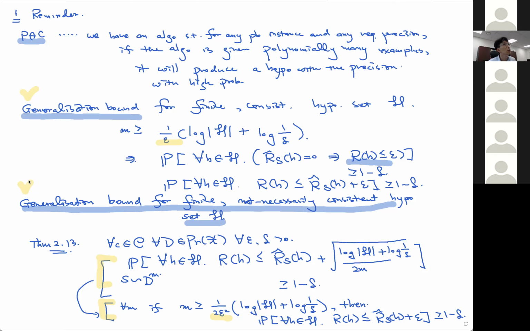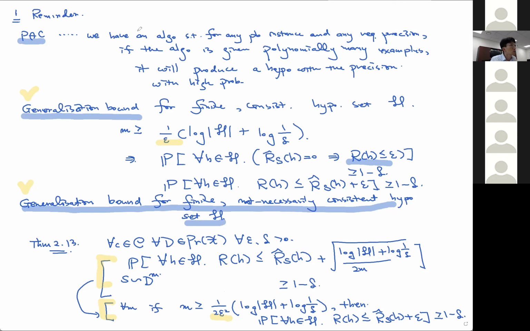You can say it's more sophisticated, but also a weaker kind of reasoning, a weaker bound that we are using. And that is because we have this potentially inconsistent case kicking in there. So we have to rely on this weaker argument. Because of that, instead of having 1 over epsilon, we have 1 over 2 epsilon squared.